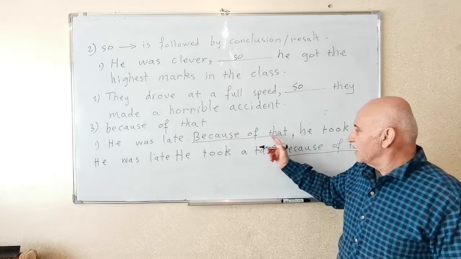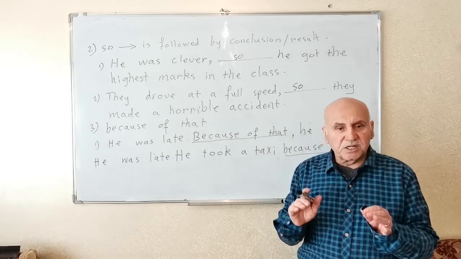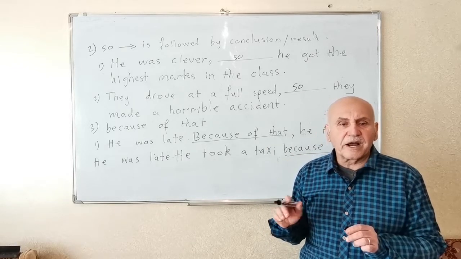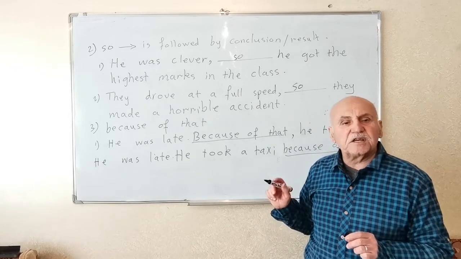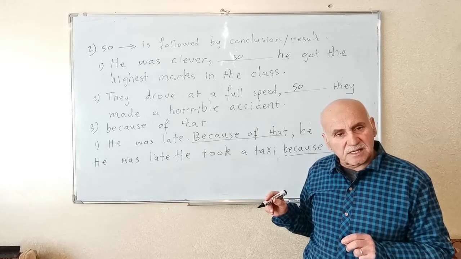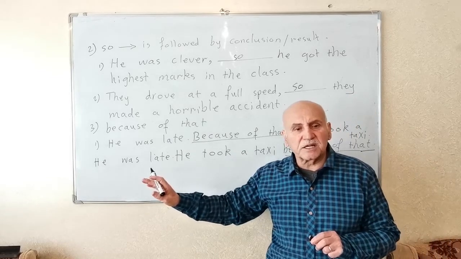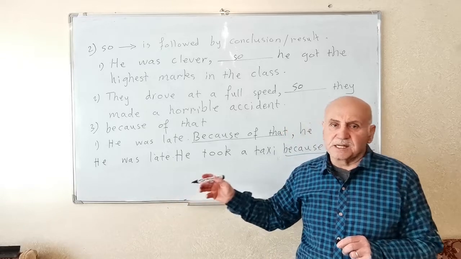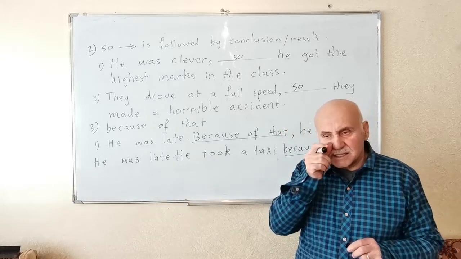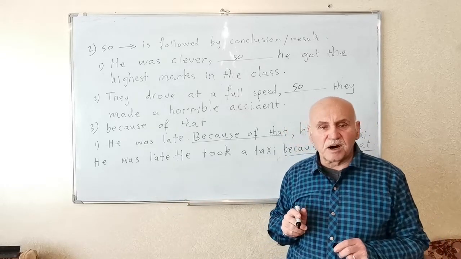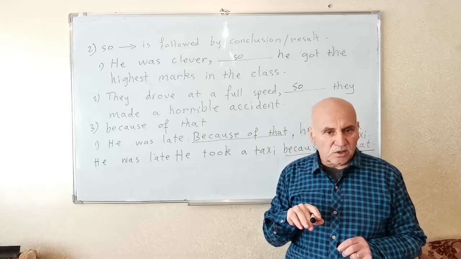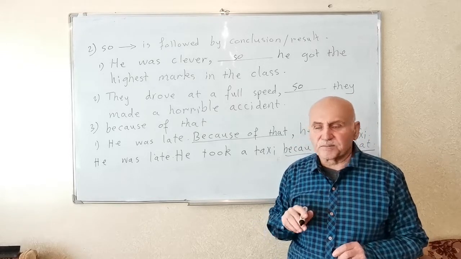So because of that can be used in the middle of the sentence or at the end of the sentence. If it is in the middle of the sentence, it is preceded by a reason. If it is at the end of the sentence, it is also preceded by a reason and then a result.